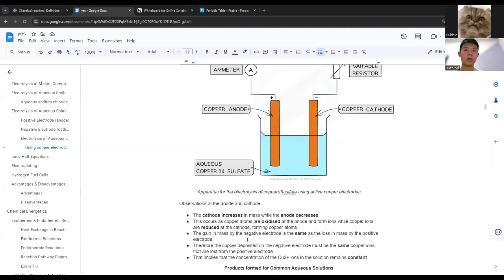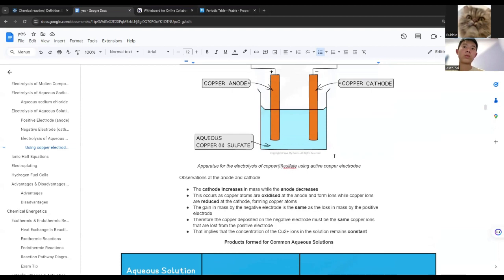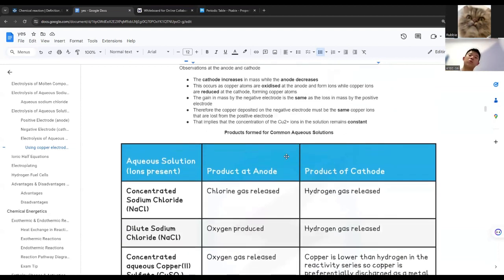Therefore, the copper deposited on the cathode must be the same copper ions that are lost from the anode. That implies that the concentration of copper ions in the solution remains constant. It's not dilute or concentrated, it's just the same.